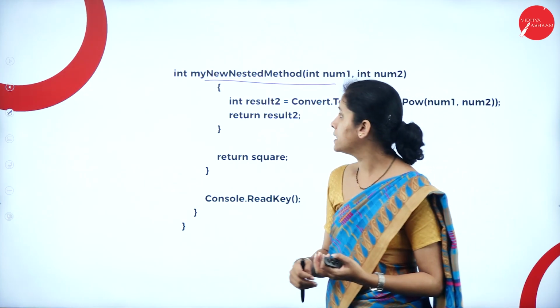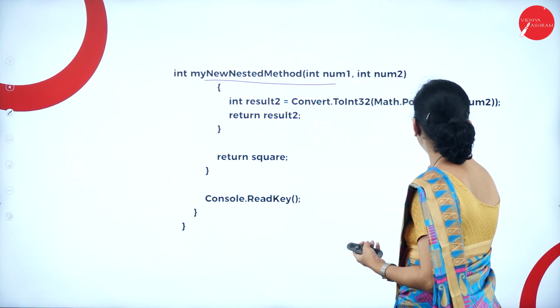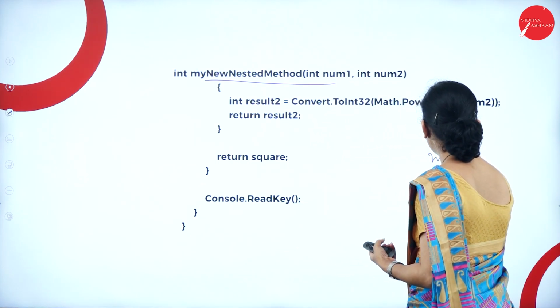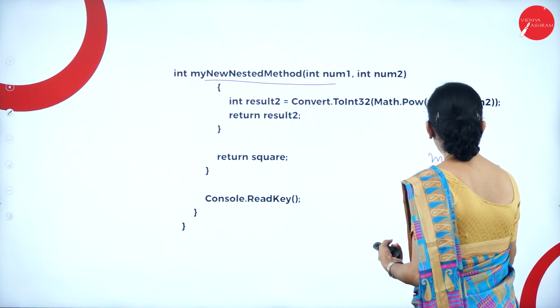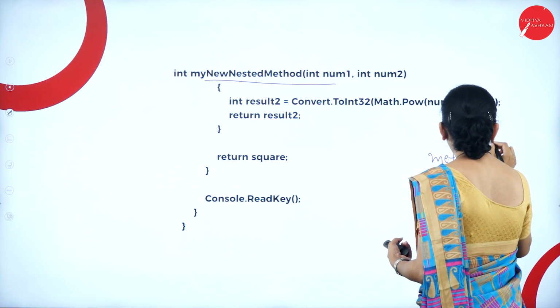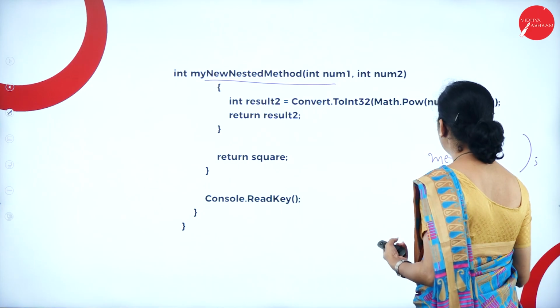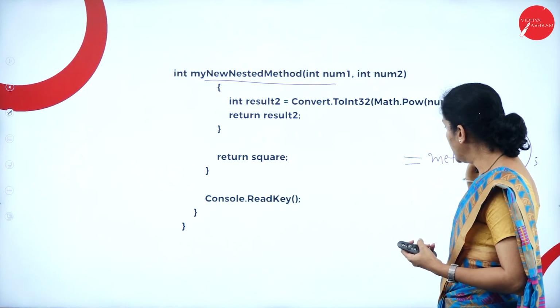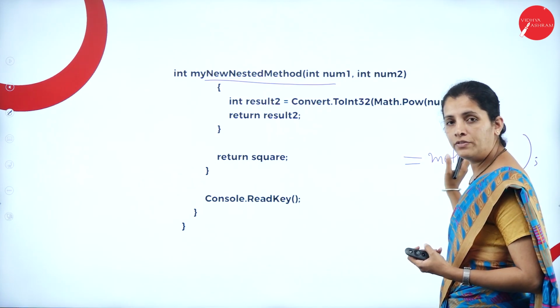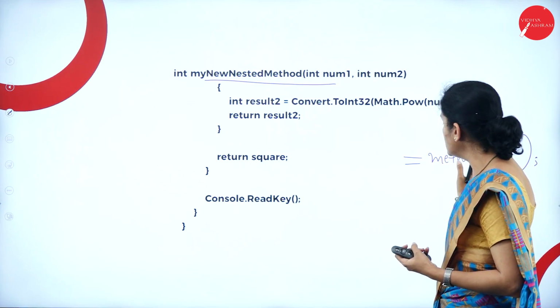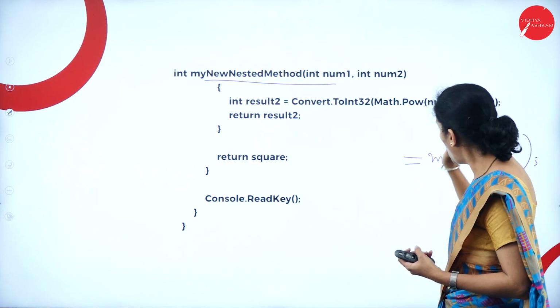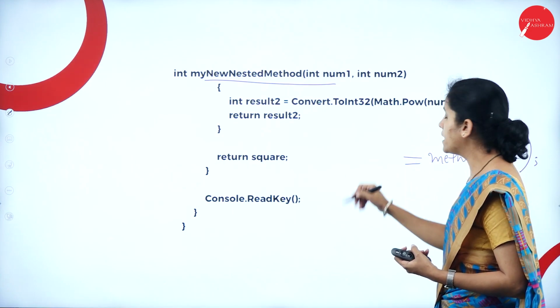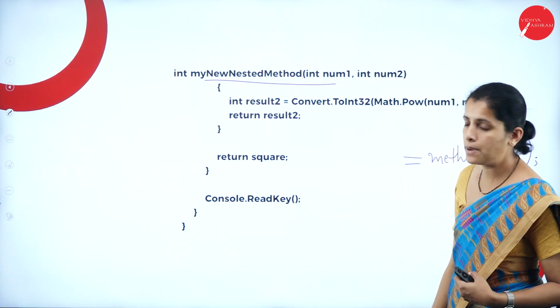To call the method, I want to specify the method name along with parameters, and if this method returns some value, to hold that value I require some variable.